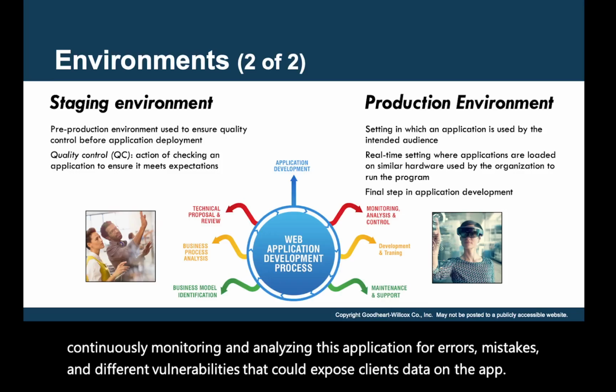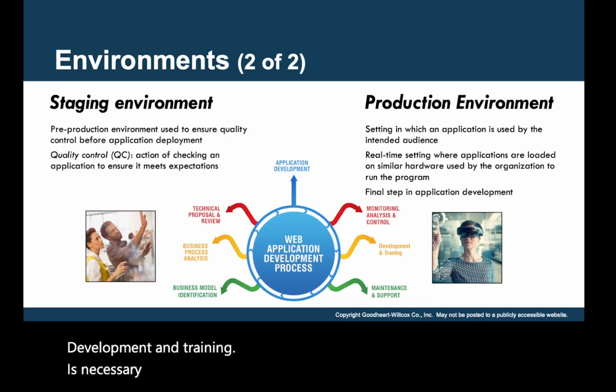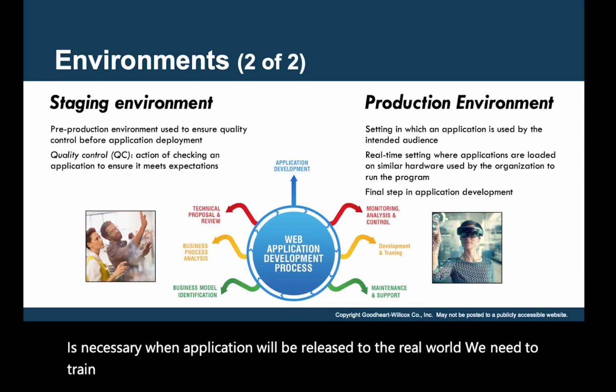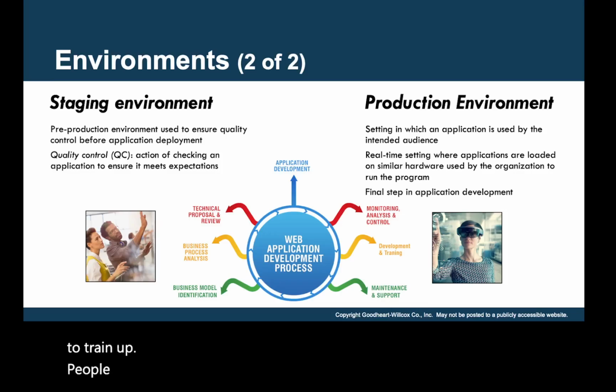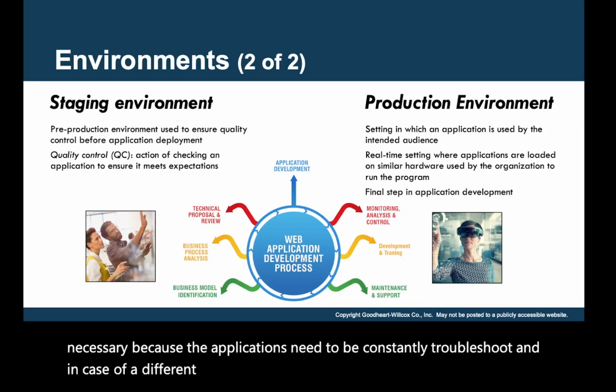Development and training is necessary when the application is released to the real world. We need to train people to interact with this application. Maintenance and support are necessary because applications need to be constantly troubleshot, and in case of different technological issues, these issues need to be fixed immediately.